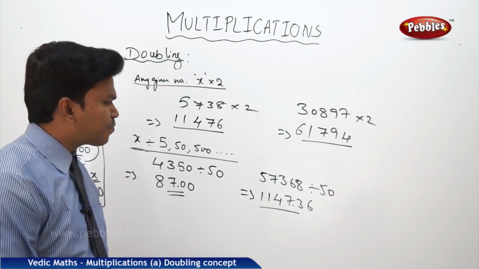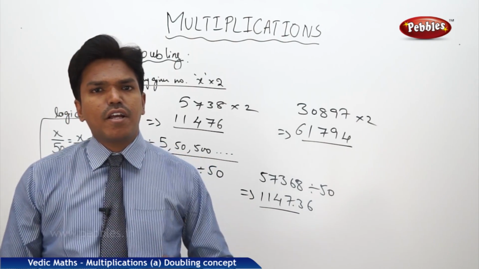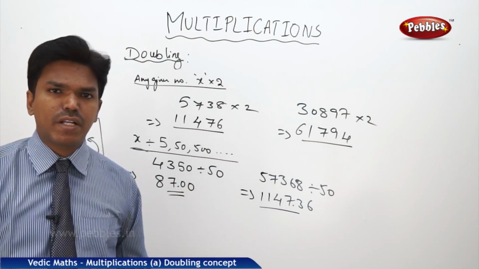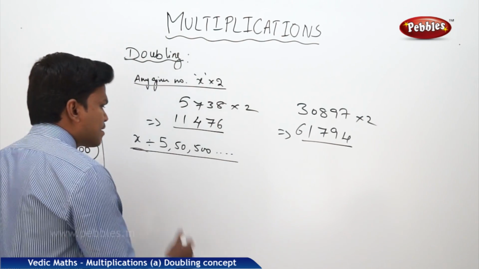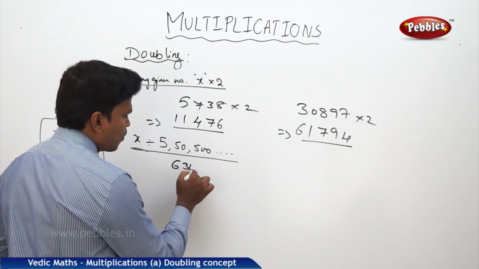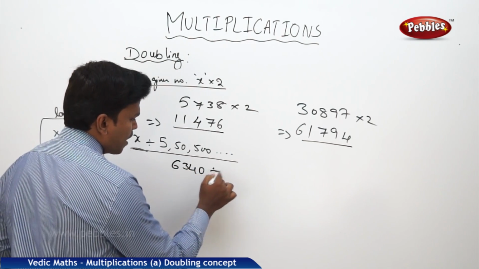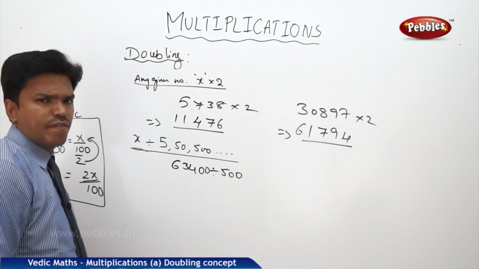Right. And how can we divide a number similarly by 500? Now we'll see one example. Now we'll see any number division by 500 this time. Let's take an example. 63400 division by 500.